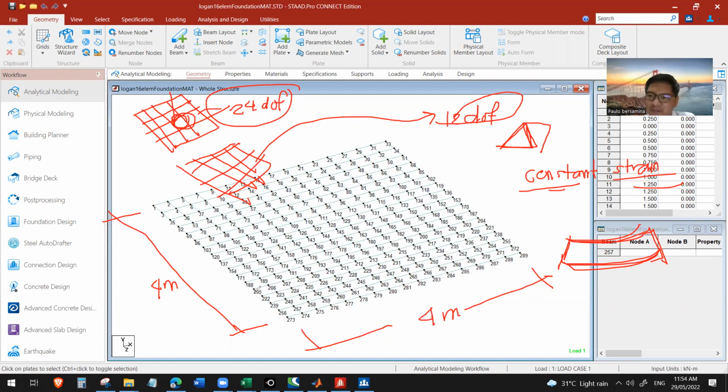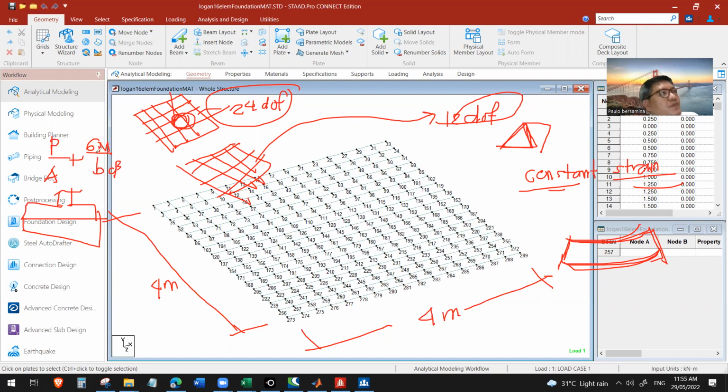Manual calculation. Simpleng P over A plus 6M over BD squared in order to get the stresses at the bottom of the footing. So, rigid analysis lang yung nasa spreadsheet na yun.